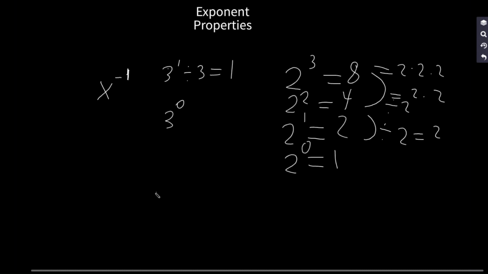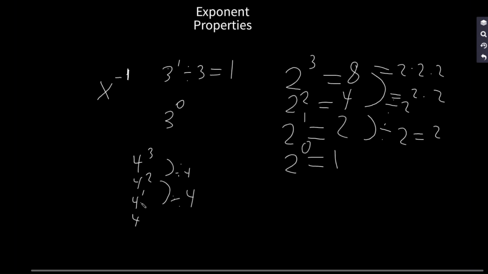And to make that make more sense, if we have like 4 to the third, then 4 squared, then 4, it's dividing by 4, right? Because we're removing one 4 each time. So if we have 4 to the fourth power, to go 1 less than this exponent, we have to divide whatever this is by 4.